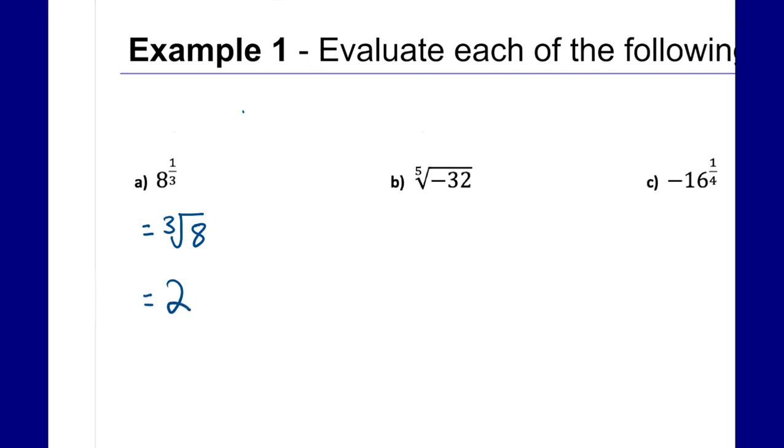On your calculator, you should have a button that sometimes looks like this, or it might be something like this. Those are the buttons on your calculator that you can use to help you find the nth root other than the square root.